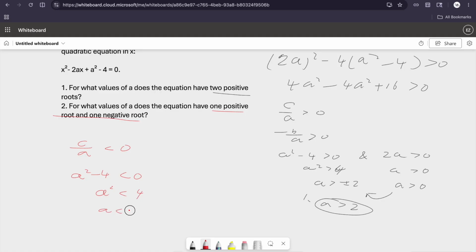In this case, we don't need to consider any possibility for minus b over a equals 0, since delta is always bigger than 0. So we will always have two real roots. So our final answer is a smaller than 2 and bigger than minus 2. So here's our final answer for question 2.